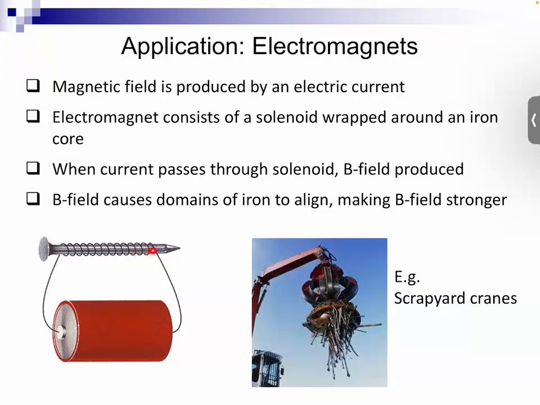Get an iron nail, get a wire, coil it around the iron nail. Essentially what you're making is a solenoid. When you take a wire and coil it around the iron nail, you're making a solenoid. You have loops of wire that are closely spaced together. That's your solenoid. And then the iron core, that's the inside of the solenoid.